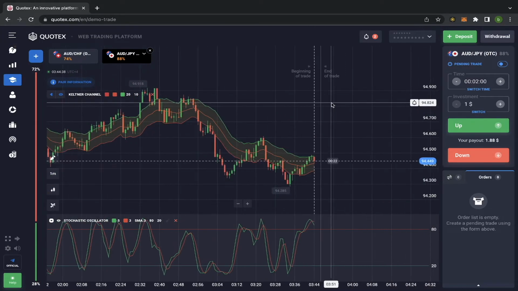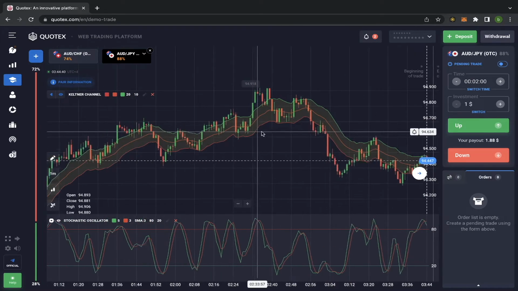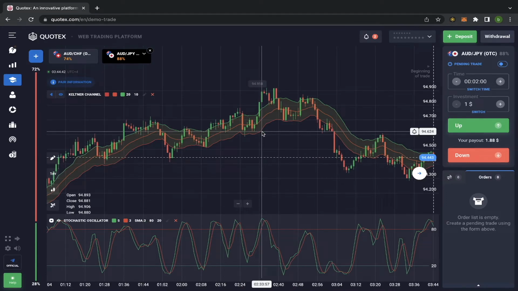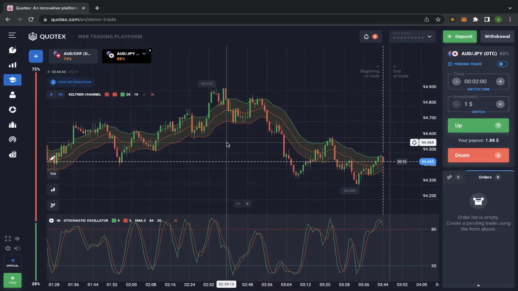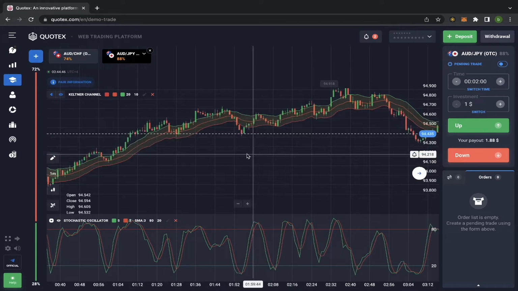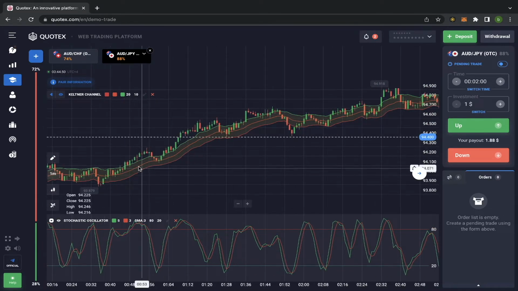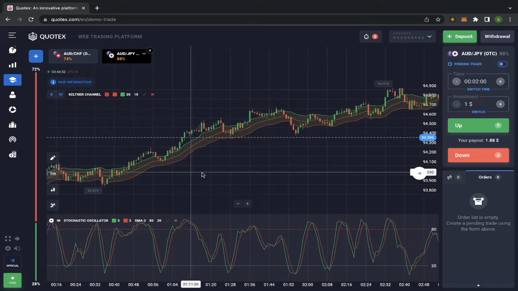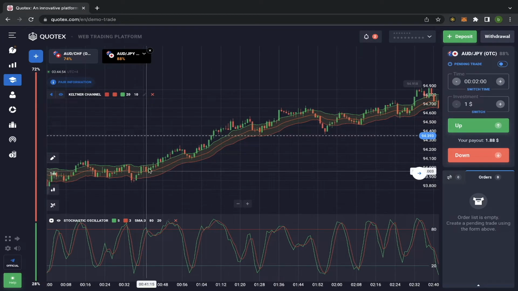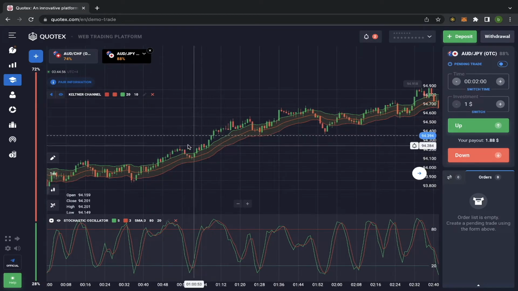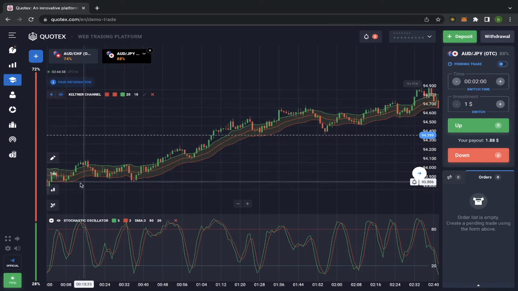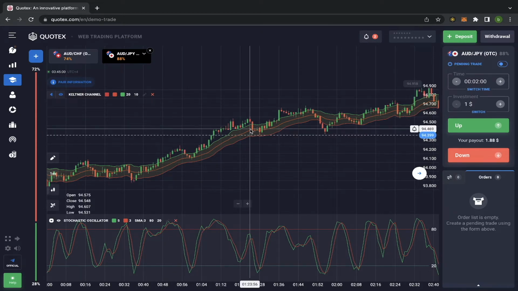Okay, so for improving this strategy, I'll be making 2 changes in the charts, and I'll explain exactly why I made them so you guys can understand what the problem is. The first problem is, you can see that the candles are out of the Kettner channel for a pretty long time. If you were to take trades over here and here, like if you would take trades for sell in this area, you would lose a lot of money. You would literally blow up your account.